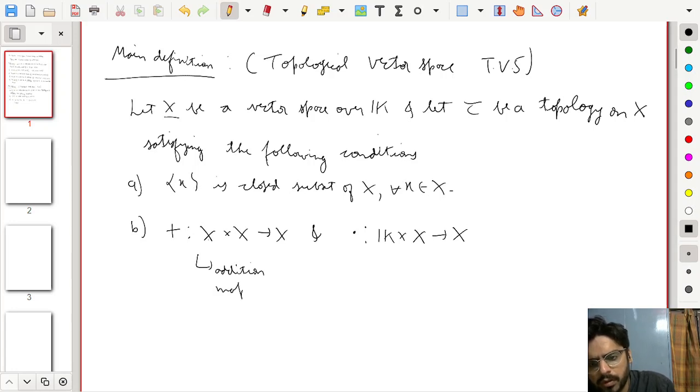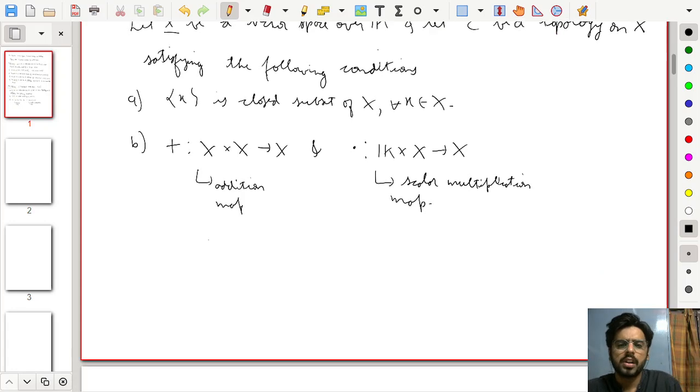This is the scalar multiplication map. Right, the addition map and scalar multiplication map must be continuous.